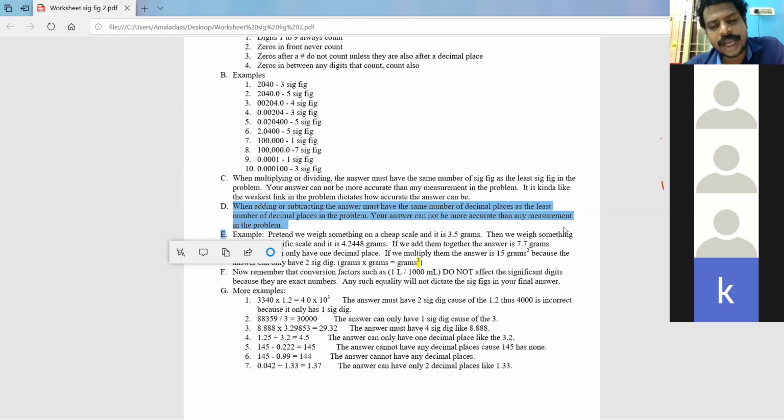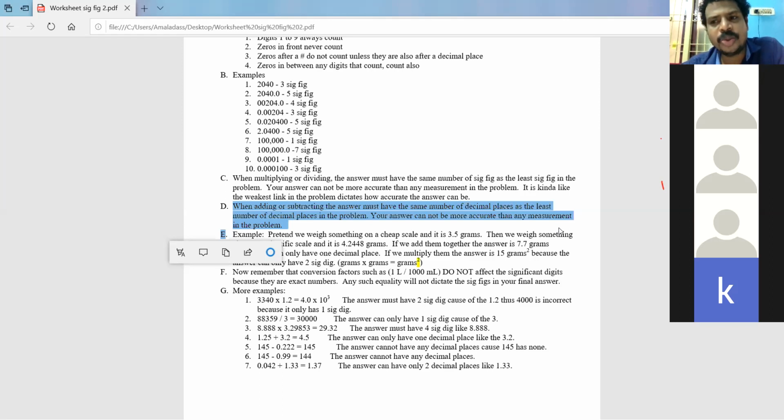Look at the addition of different components of measurements and find which has the least decimal place. You have to report the scientific notation after addition with the least decimal place of the components. I hope you understand. The important word is the least decimal place.